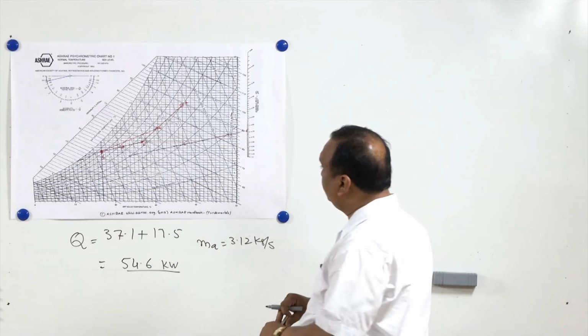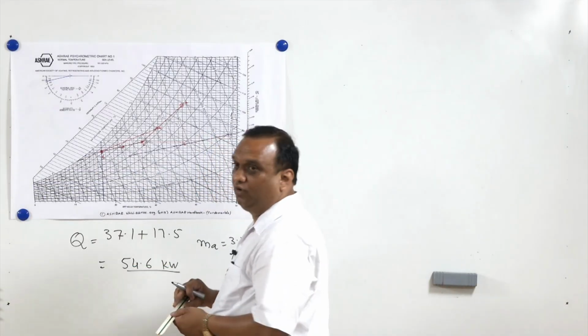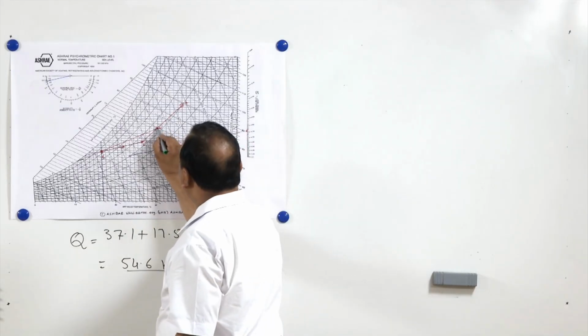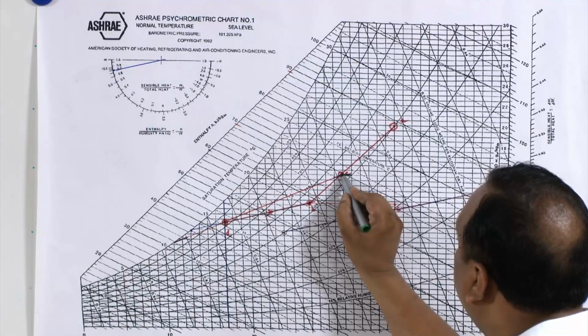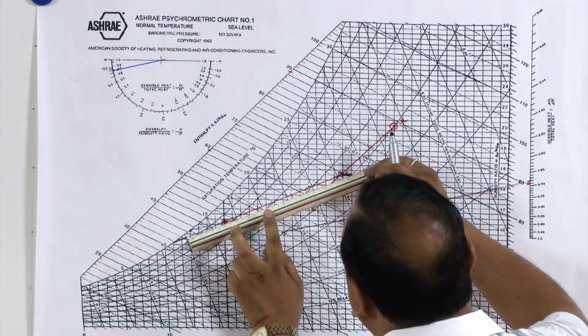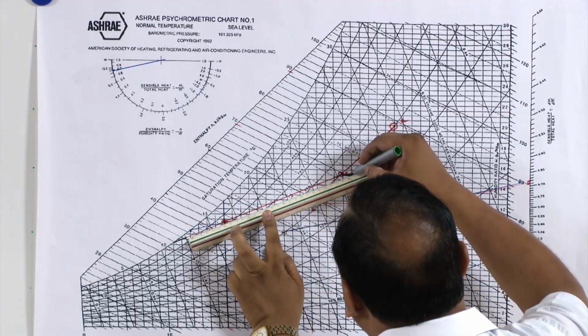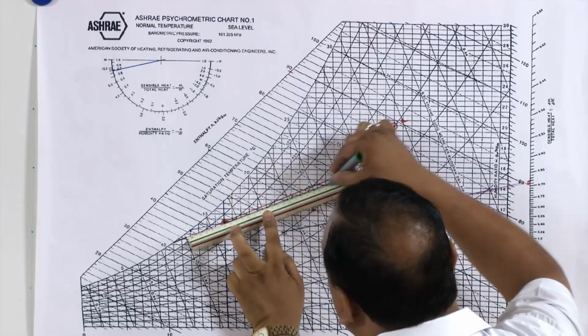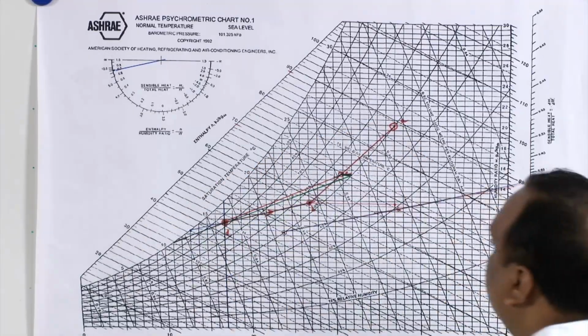Now if the fan is provided before the cooling coil, in that case the sensible heat added by the fan shall be added here, and this will become the line for cooling of the mixture of air.